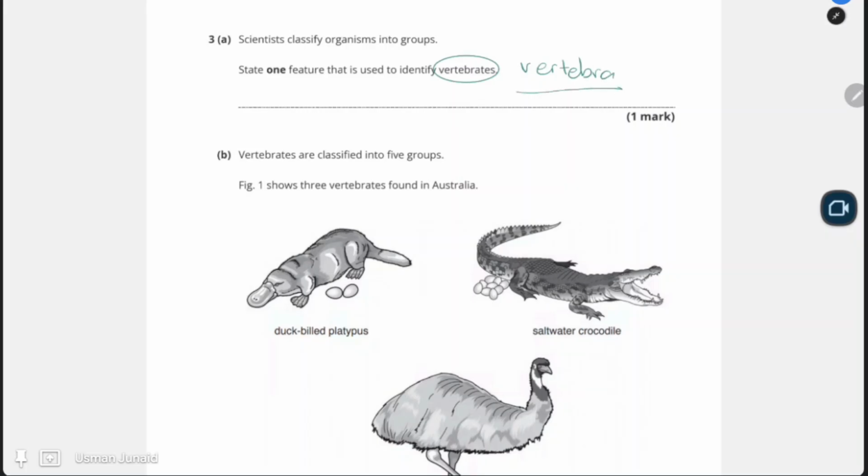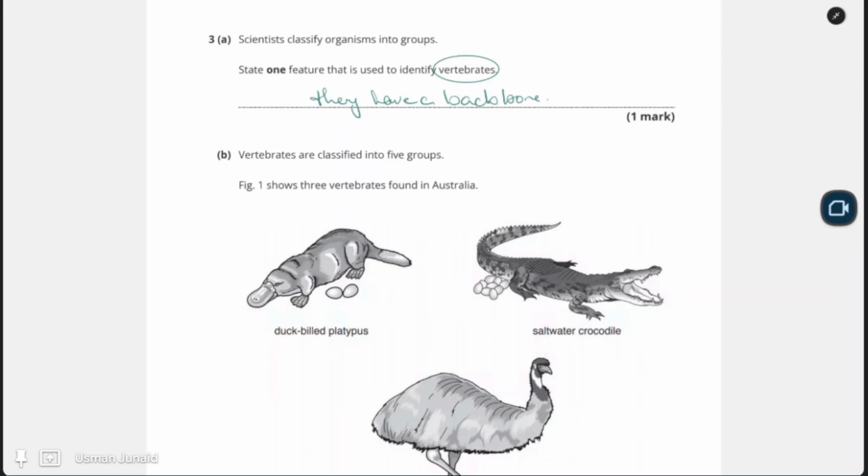Have you heard this term, vertebra? No, sir. Okay. So, vertebra is a bone, a special type of bone, and it's found in the back, right? So, can I say that one feature is that they have a backbone? Okay, make sense?